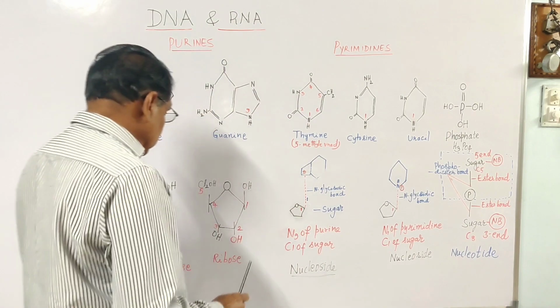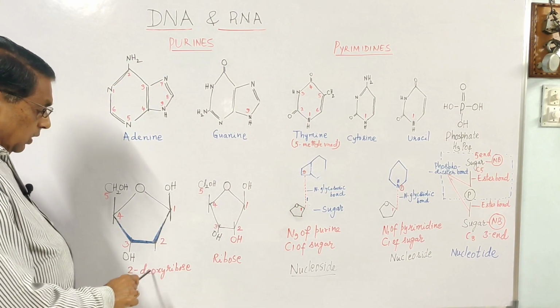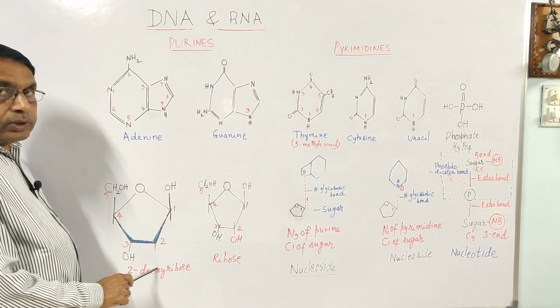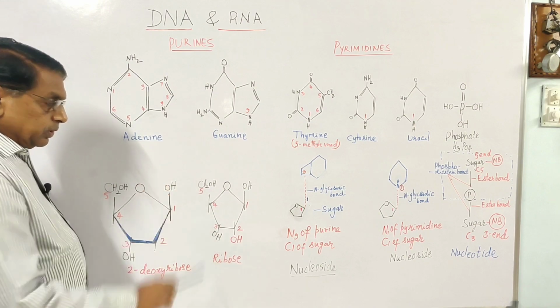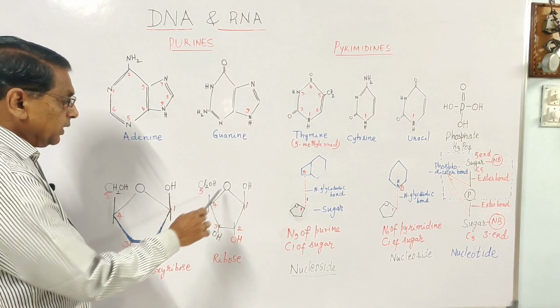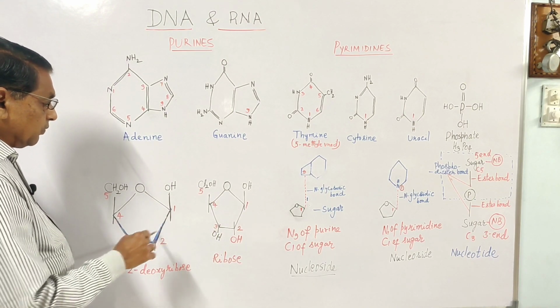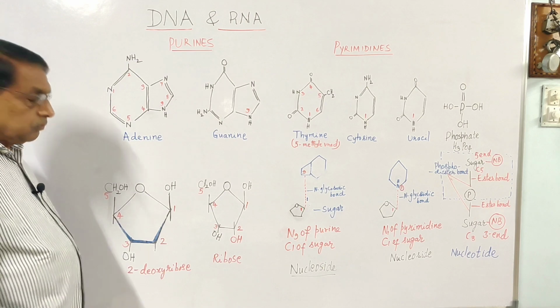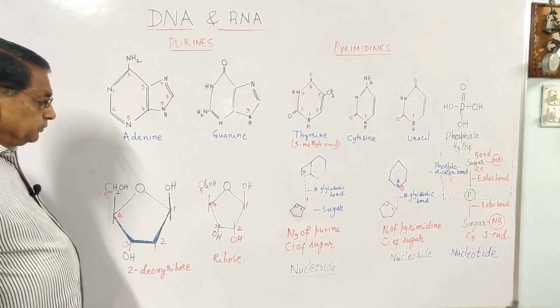Then coming to the sugars, deoxyribose sugar and ribose. These two are pentose sugars. In fact, these sugars are straight chains, but here they form a ring-like structure. 1, 2, 3, 4, 5.